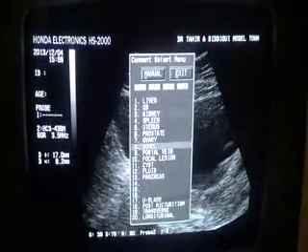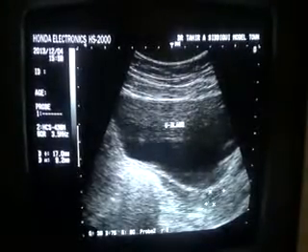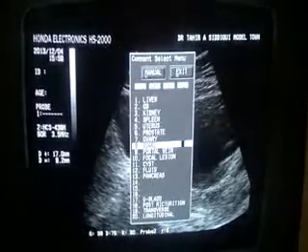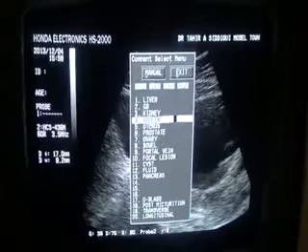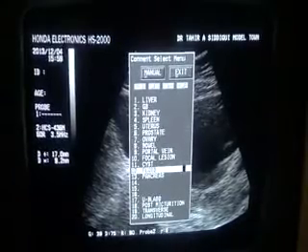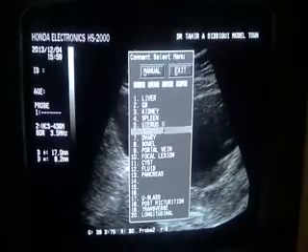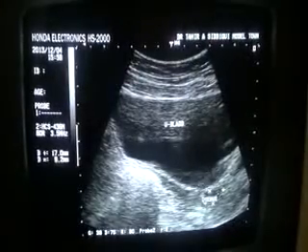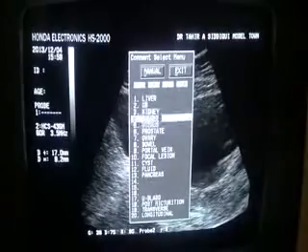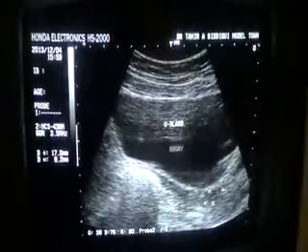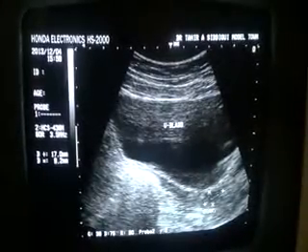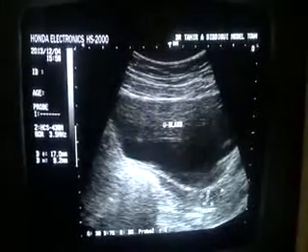This is the left ovary, and this is the true dimension. This dimension should be considered as the correct one. So this is the ovary, and this is the left ovary.